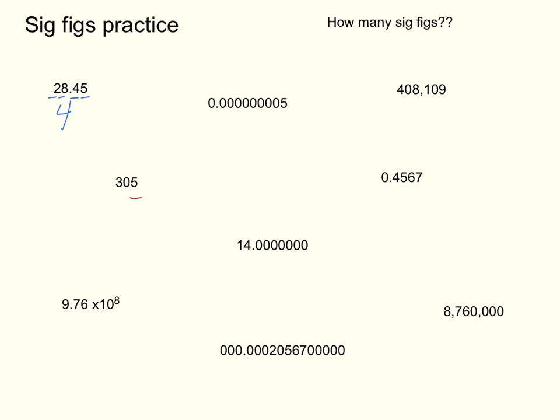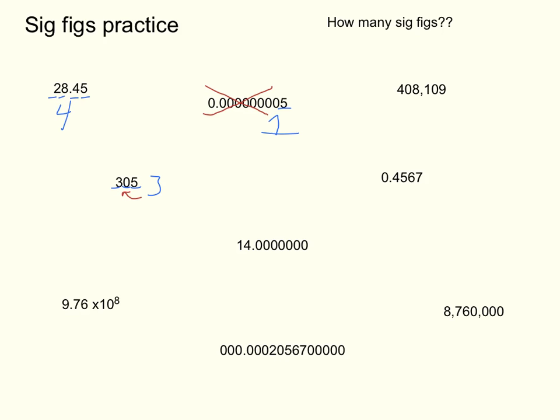Any zeros that are sandwiched between numbers are significant. 1, 2, 3. There are 3 significant figures here. Let's go up here. 0.000000005. All of these, rule number 3. Leading zeros. Never significant. There is only 1 sig fig here.